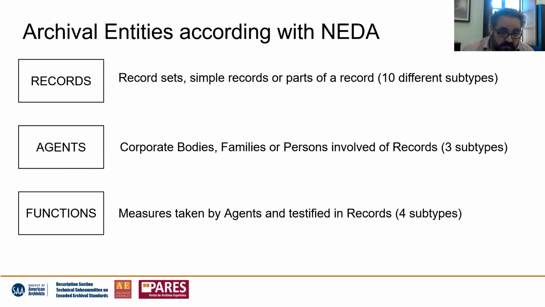These 3 archival entities are defined in the NEDA standards as the high-level elements to develop adequate records management, and the Spanish standards even offer a list of attributes with properties to describe them properly.